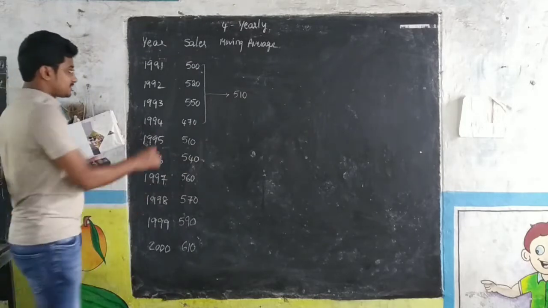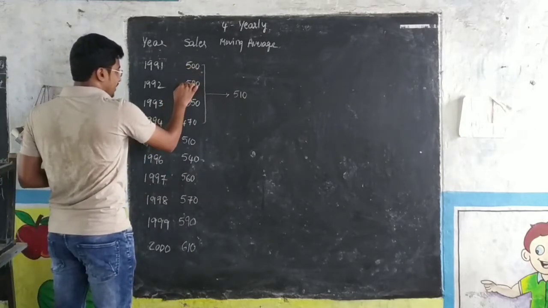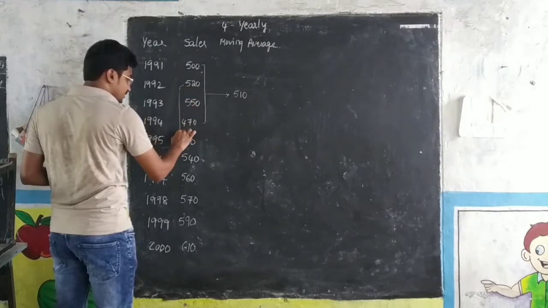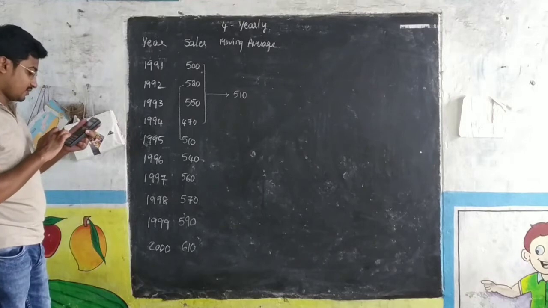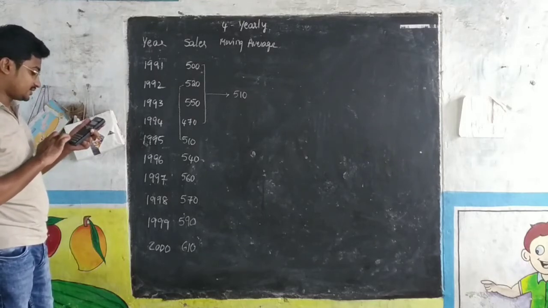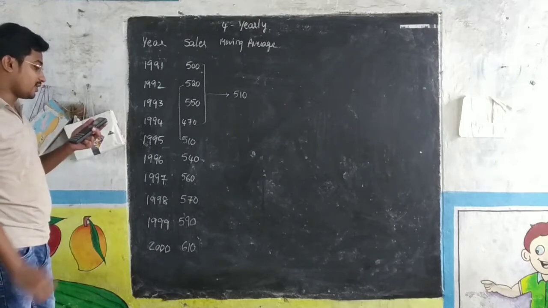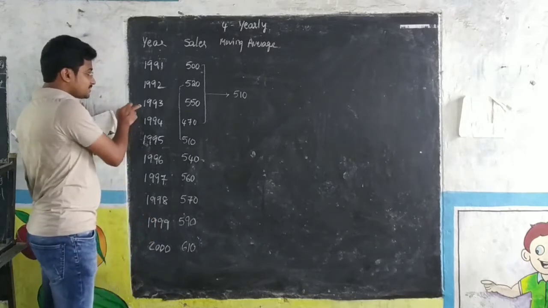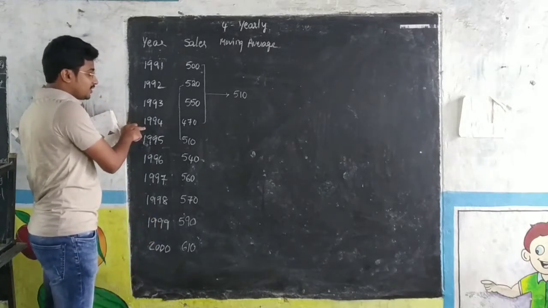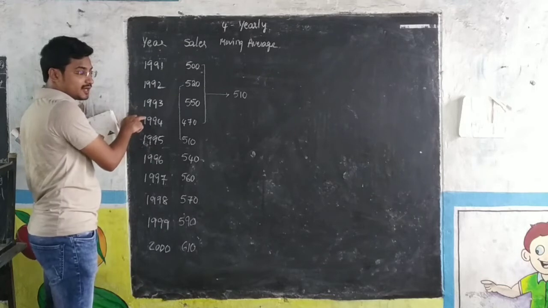Next 4 years. Omit the first year and take the average of the next 4 years sales. 520 plus 550 plus 470 plus 510 divided by 4 is 512.5. Now the middle years are 1993 and 1994.